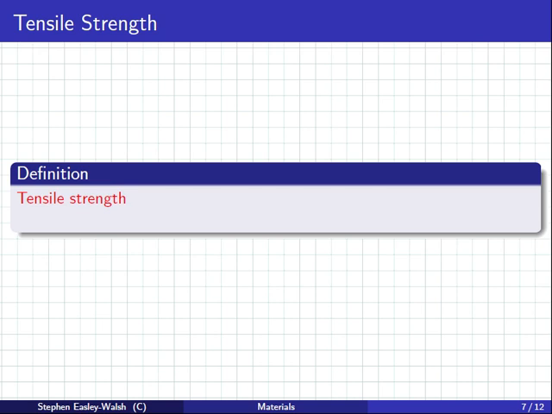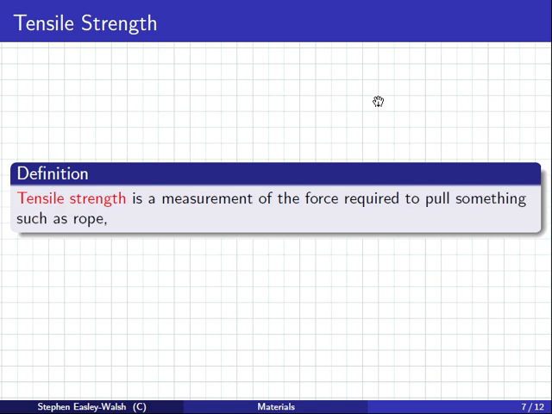The length or the load. Yeah. So it's basically the force required to break it, like a rope or a wire or whatever. So in other words, the maximum load, the maximum force, is the tensile strength. Measured in newtons, yeah.